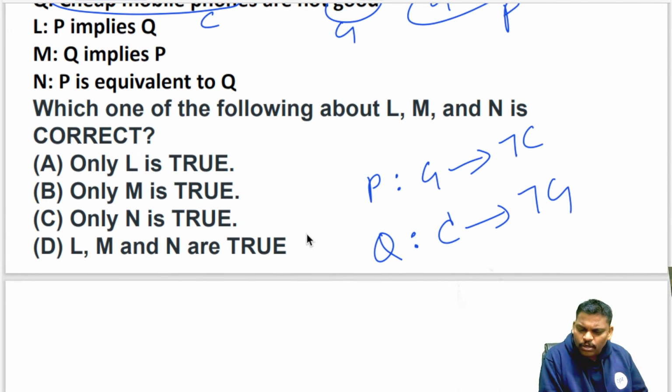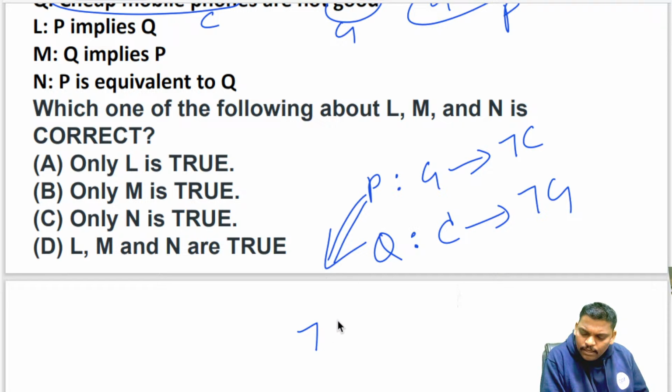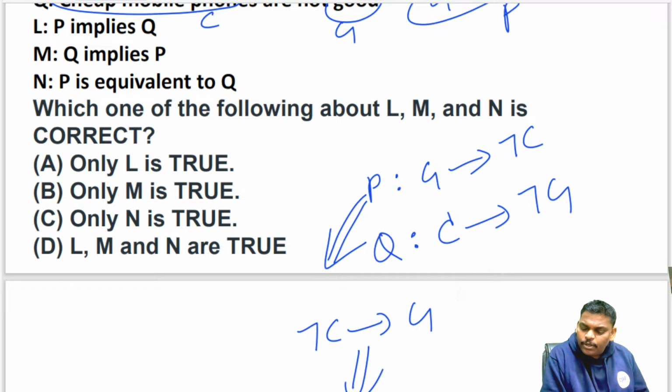Can you help me with one small thing? These are the two statements, but for this one, what is the inverse? Listen everyone now. Inverse is going to be negation C, negation G. You did the inverse, again do complementation. It will become C implies G. Are these two equal or not?